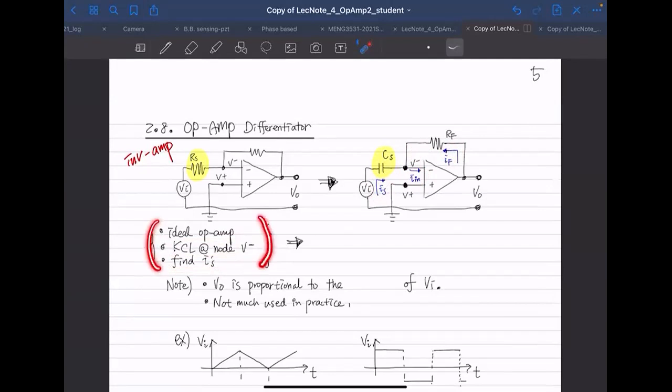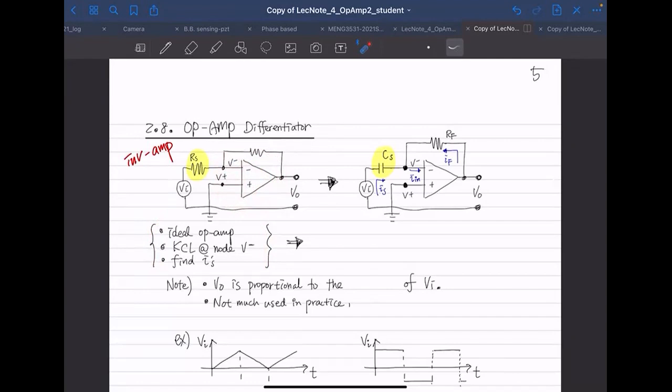And this is not just for the integrator, differentiator, amplifiers. Whenever you have a circuit that has an op-amp, these 3 steps can be utilized, and for 95%, more than that, you will be able to get the governing equation or understand how it works.